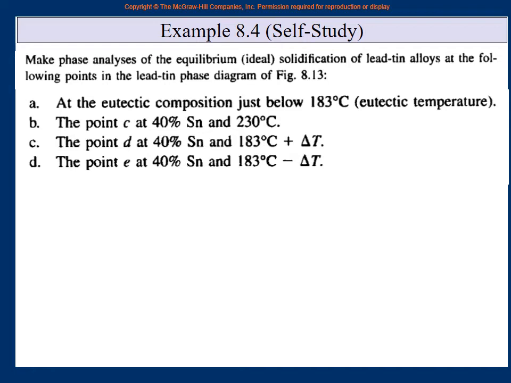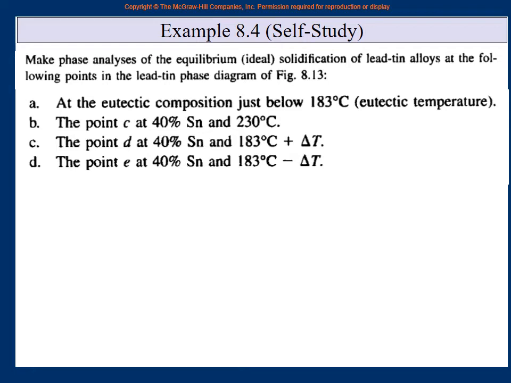So the lead tin phase diagram will be there, and they say make phase analysis. Make phase analysis means do all the four parts. At any given temperature, what are the phases, what are the compositions of the phases, using lever rule, what are the mass fractions of the phases, and what is the diagram in which you can show the structure.